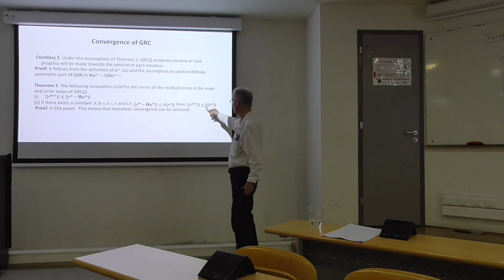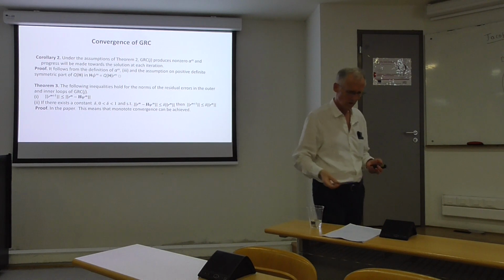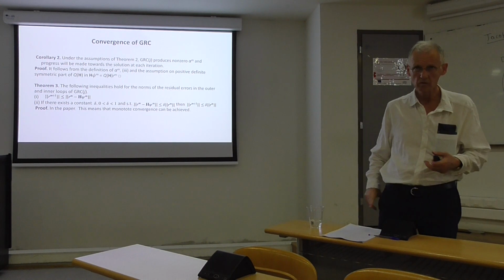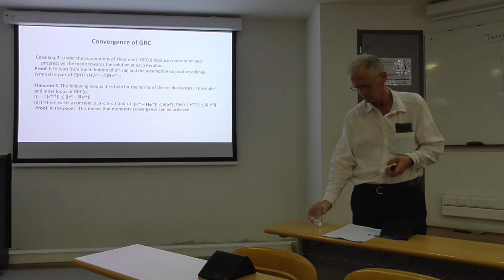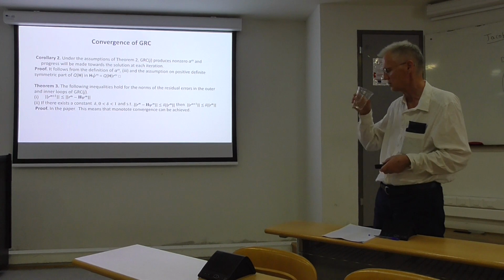Then you have monotone convergence of the outer loop. That's our goal. Our goal is to have good convergence of the outer loop, monotone convergence if possible, and this is important, and we get that.